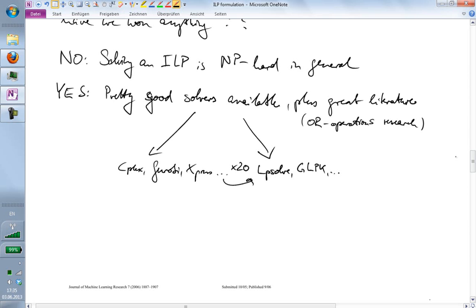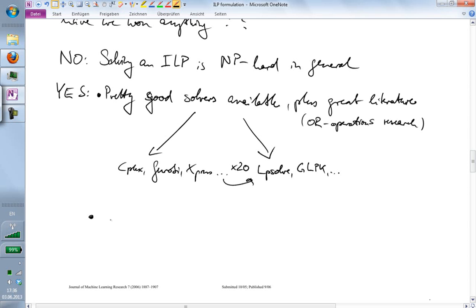Okay, so we can use the solvers, and also, still on the yes side, if we use one of these, we can learn something, because if we solve a problem to global optimality and this globally optimal solution is still unsatisfactory, then we know that our error was lying in the modeling or in the specification of our Markov random field and not in the optimization.